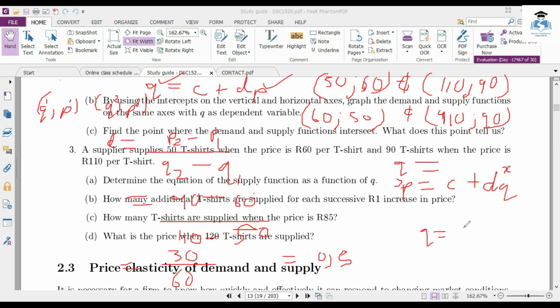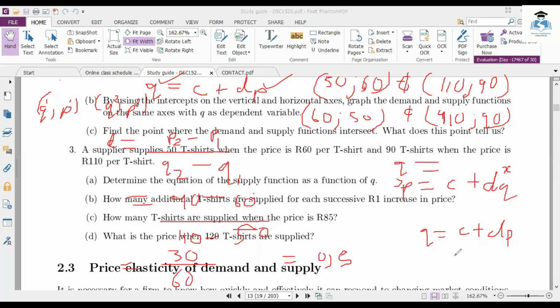Q is equal to C plus dP, not dq. You are saying we make P the subject of the formula. In doing that, you just took Q to the right-hand side.